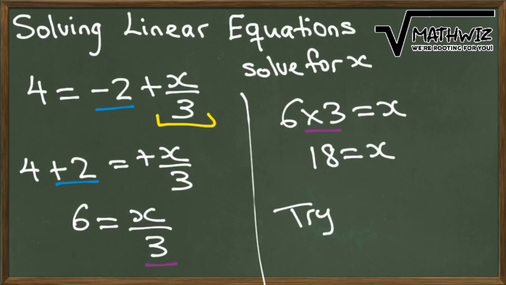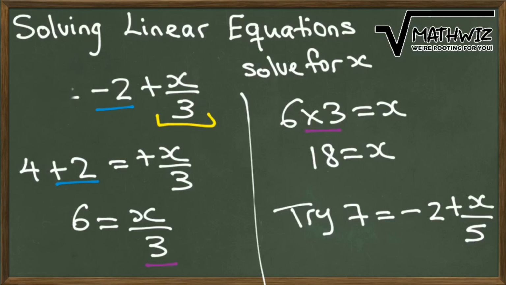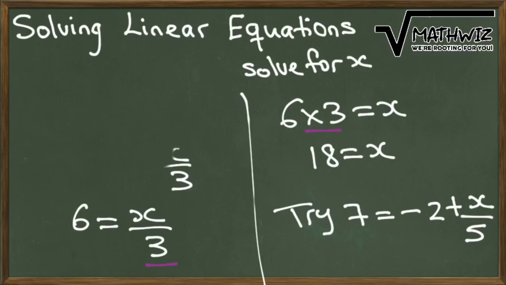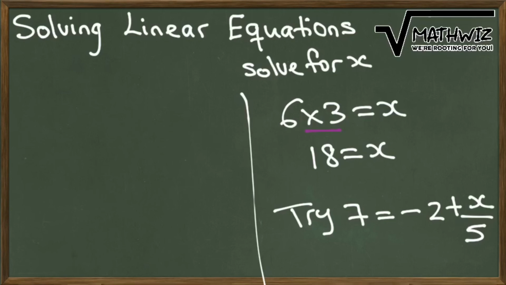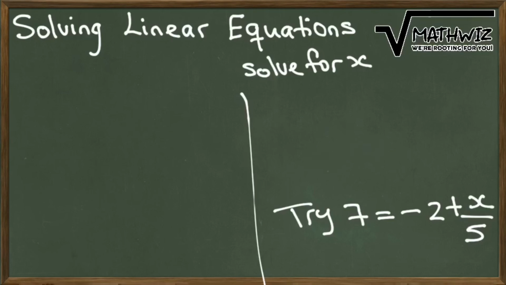As your final example to try for today, you can go ahead with it. Okay. So once you are through, go ahead and press play to get the solution. And so we have 7 is equal to -2 plus x over 5.